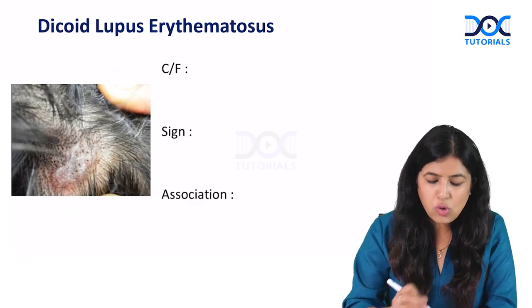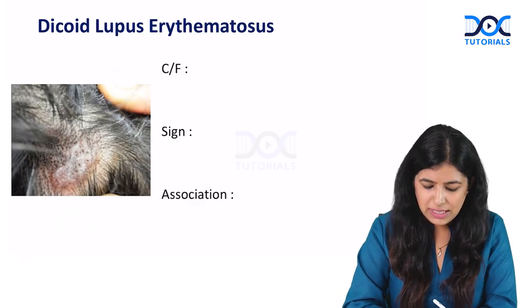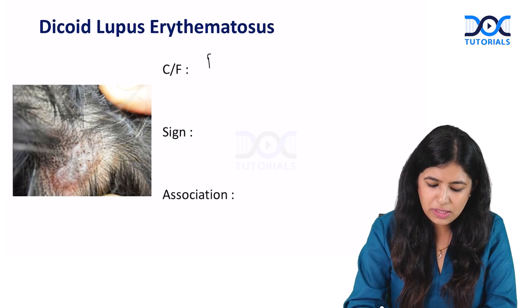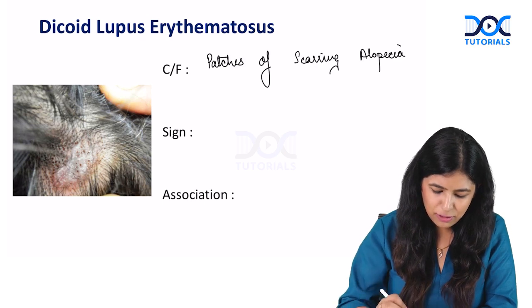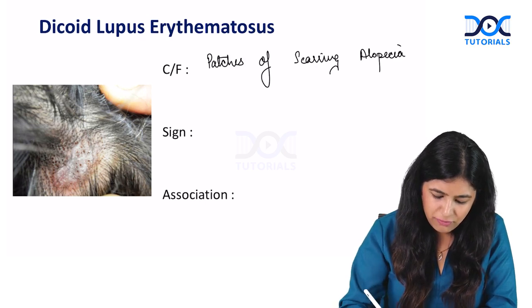Then we have discoid lupus erythematosus. Here, the patient is going to present with patches of scarring alopecia. So on the areas that you have a lesion of DLE, there will be scarring alopecia. Look at this patch here, very beautifully.